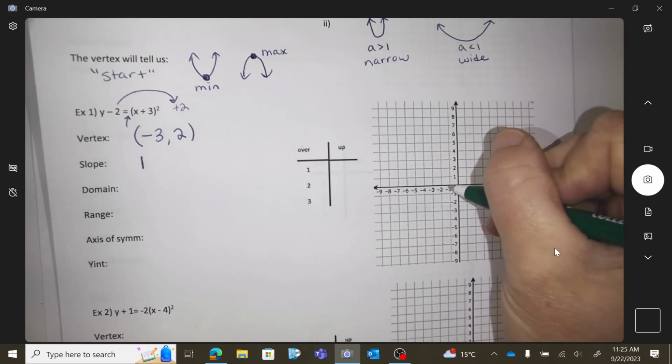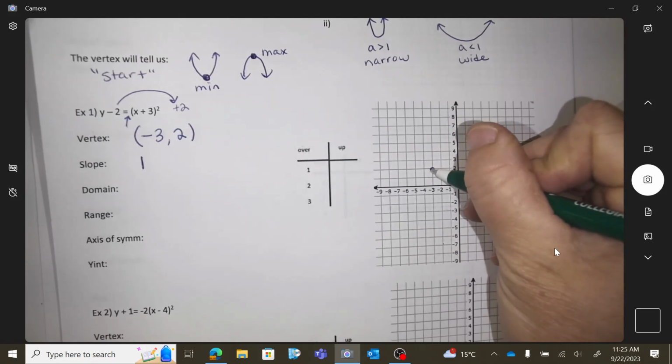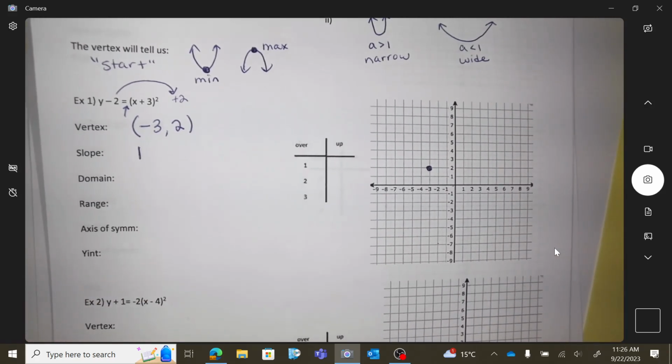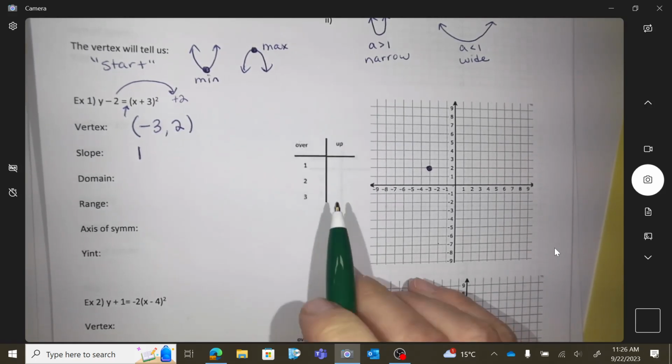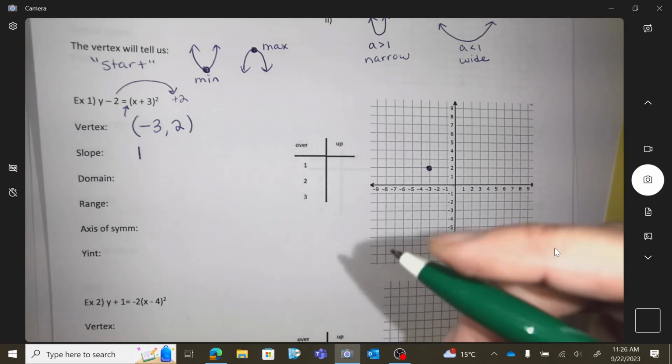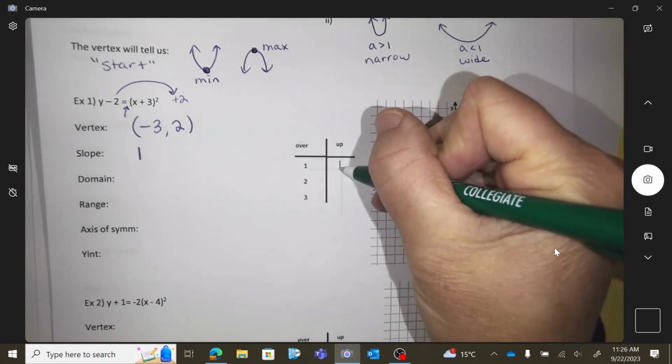(-3, 2). So give me the name of that point. Give me that drawing there. Okay, we learned this yesterday. How do we move on a quadratic function? So if I was to move x 1, how would y change? 1 squared.